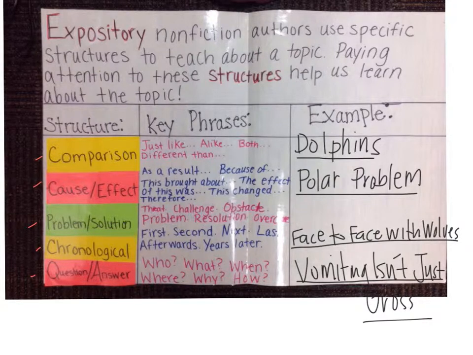We learned that authors often organize their writing in a certain way to give us a message, and that it's our job to figure out what that author's message is, or what they're trying to tell us through organizing their writing in a certain way.